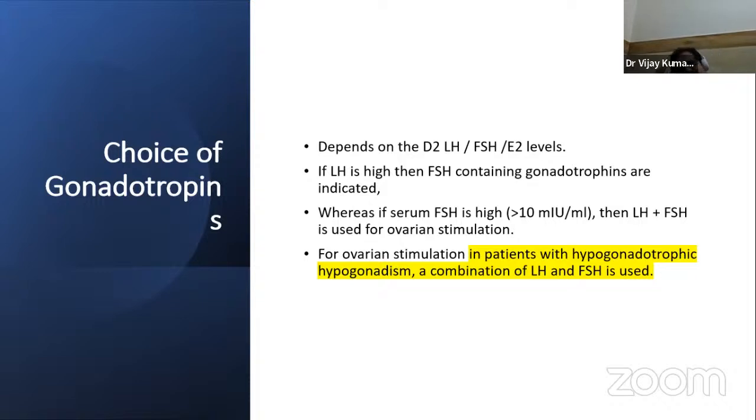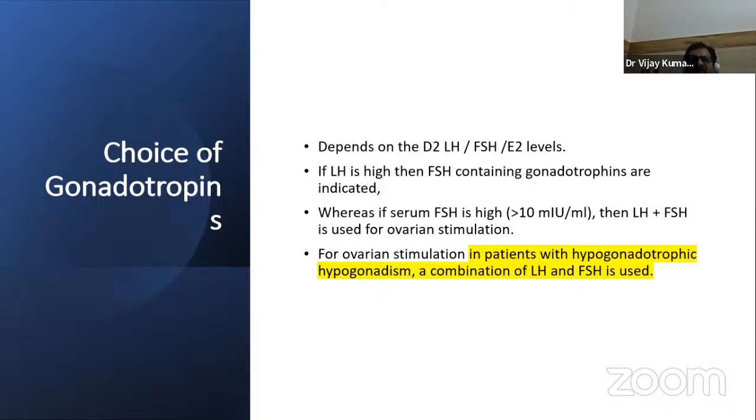This type of scenario, wherein LH is greater than FSH, can be seen in cases of resistant PCOS and in lean PCOS patients. So in such patients, if we want to use gonadotropins, better use FSH or recombinant FSH. If the LH is lesser compared to the FSH, then you can utilize HMG. Why I'm telling this is because HMG is always less costly compared to FSH and recombinant FSH.